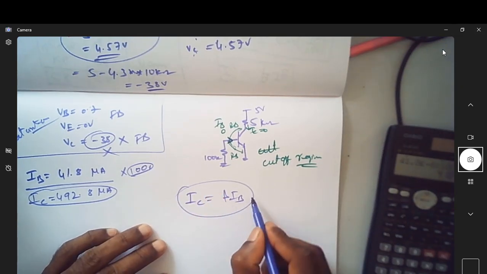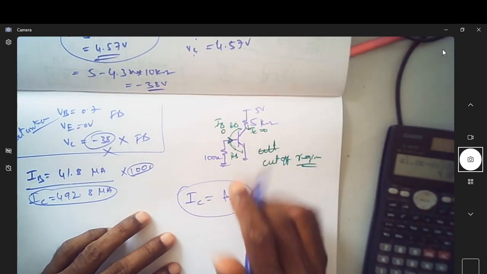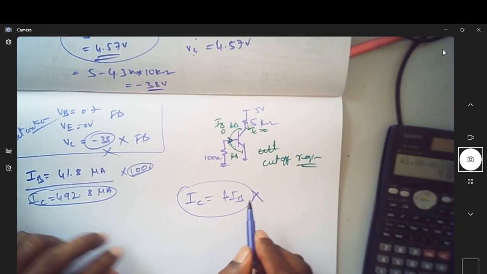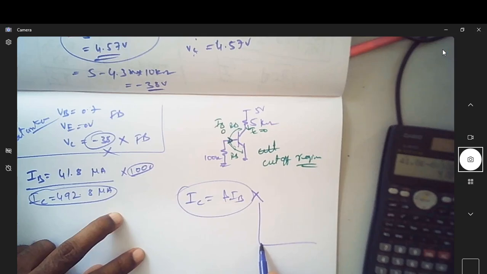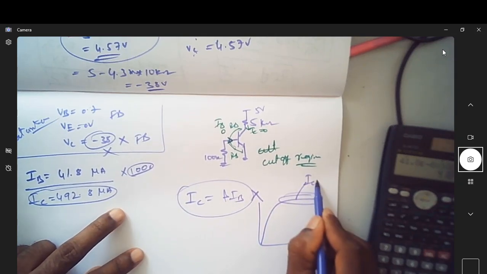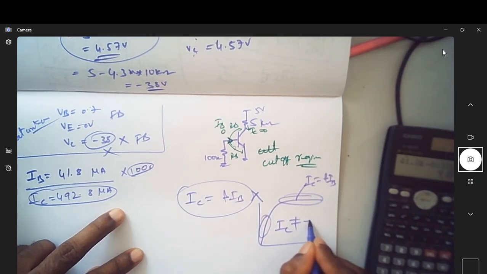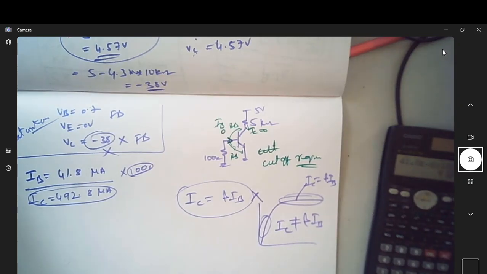for all cases. Since the value of beta is 100, this equation is not valid whenever the BJT is operating in this region. For the active region IC is equal to beta times IB. In this region IC is not equal to beta times IB, because you are operating here, correct?